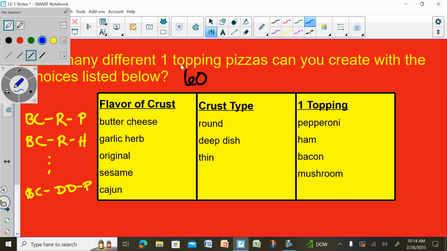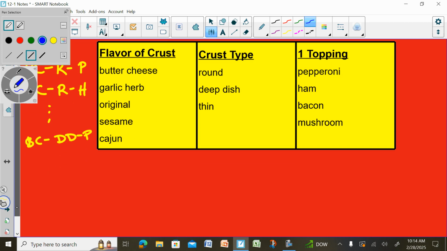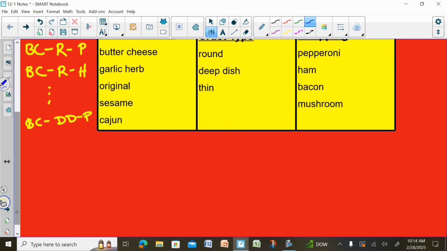Another way to do this is maybe some of you have what's known as a tree diagram somewhere on your paper. So you may have butter cheese, garlic herb, original, sesame, and Cajun. Those are your 5 crust flavor choices along the top. Each of those is like the major branch.